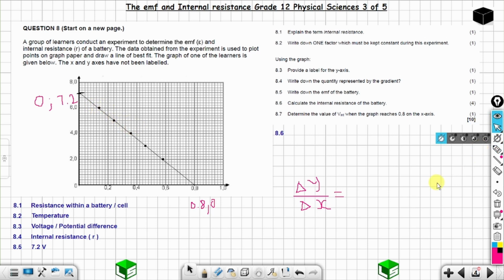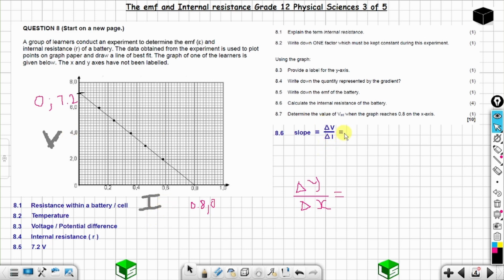The slope or gradient is equal to change in the y. This is the change in the voltage. Remember, you have voltage on the y-axis and current on the x-axis. So you have change in the voltage over change in the current.